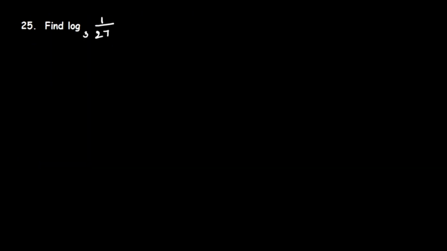Okay, next question. Find log 1 by 27 base 3. So we take now log 1 by 27. Here I am doing the rough work. 1 by 27 we write as 1 by 3 cube. 1 by 3 cube we write as 3 power minus 3, correct? So observe these changes here.